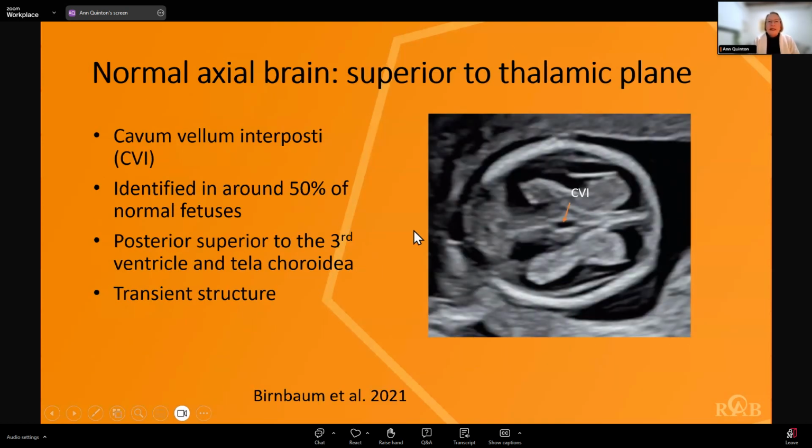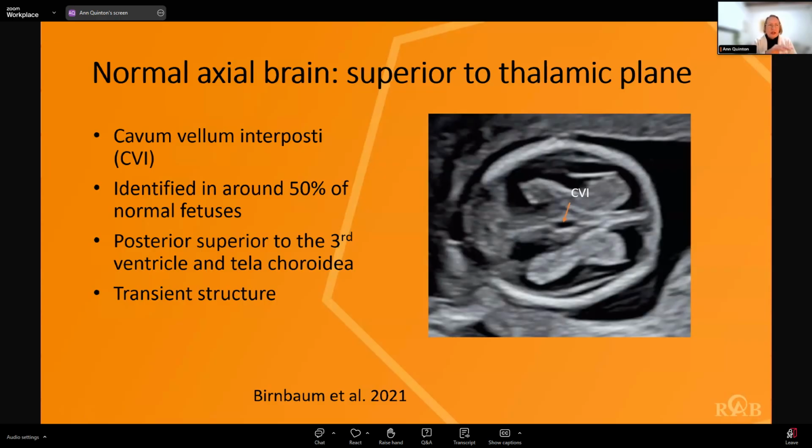If you scan inferior in the fetal brain from that suprathalamic plane, you can still see the choroid plexus, but in about 50% of normal fetuses, you'll see this little anechoic box-like structure in the center of the fetal brain. This used to be mistakenly called the third ventricle, but it's actually the cavum velum interpositi.